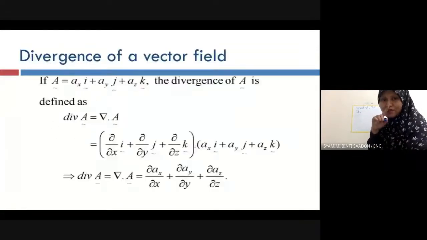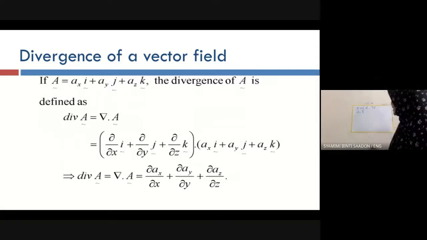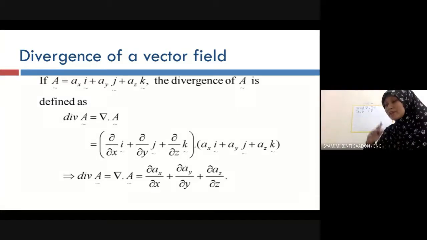The divergence of a vector A, or we can also write it this way, we must add the dot product. So divergence of a vector A goes from a vector to a scalar.